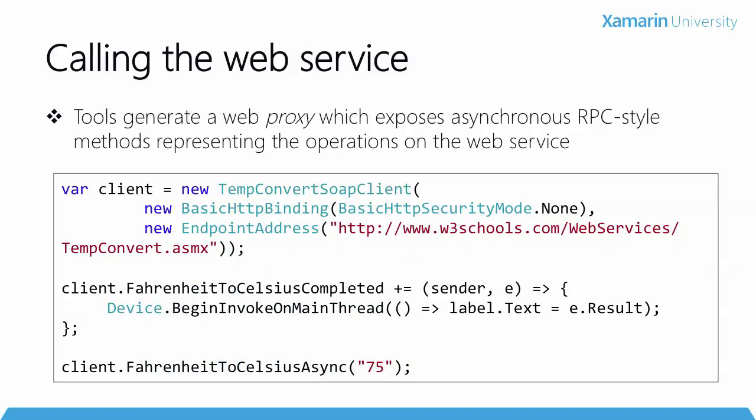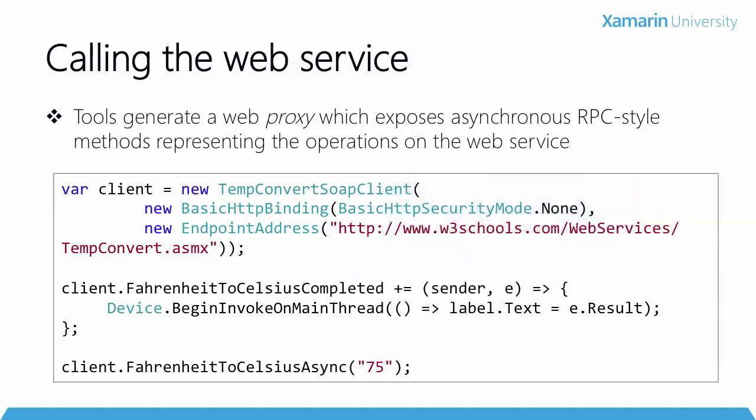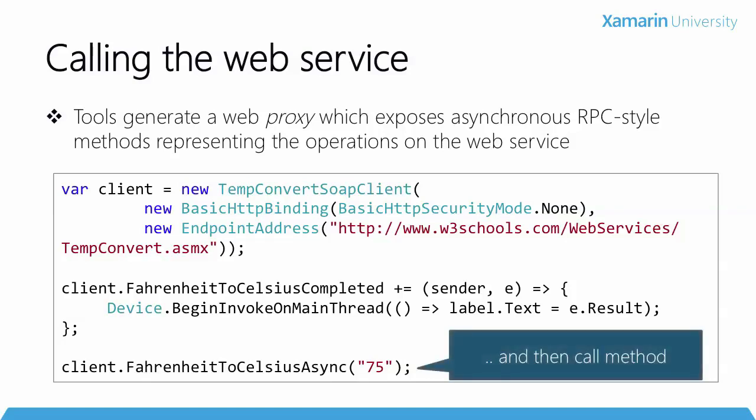Then we utilize the methods to invoke the service operations. And since this is a network operation, the generated proxy uses the event-based asynchronous pattern and exposes a start method and a completed event for each operation. To use the methods, you would wire up to the completed event and then call the start method with the parameters to issue the request.